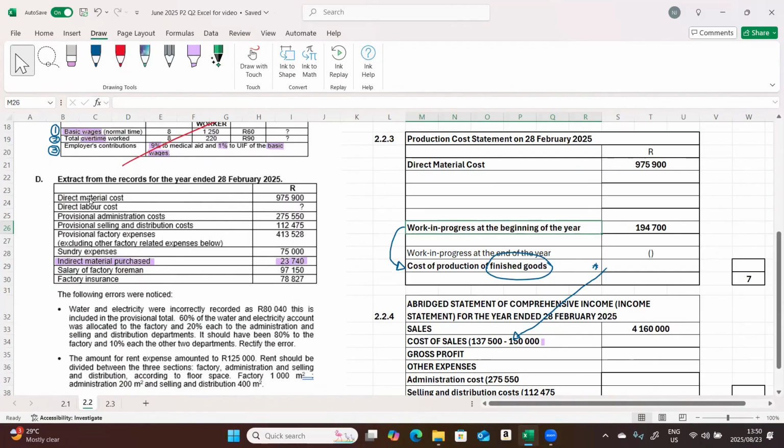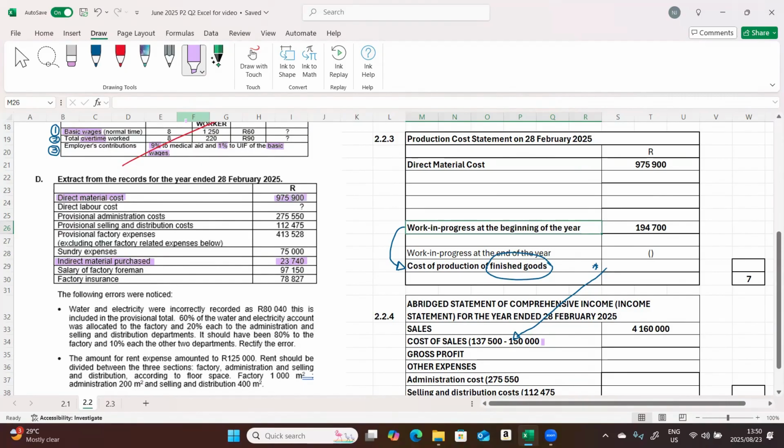Direct material cost of 975,900 Rand is obviously a direct material cost. Can you see that this cost is already included in my production cost statement? That is where direct material cost goes, and it is already in there as a total cost.